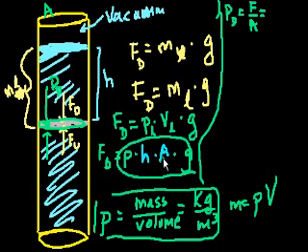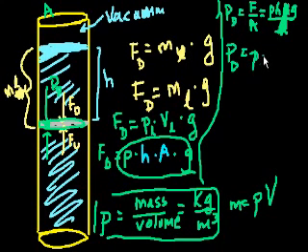So essentially, we can just get rid of the area here, right? So it equals rho h A g divided by A. So get rid of the A's in both situations. So the downward pressure is equal to the density of the fluid times the depth of the fluid, or the height of the fluid above it, times the gravitational constant, rho h g.